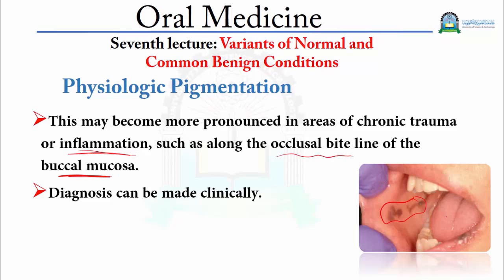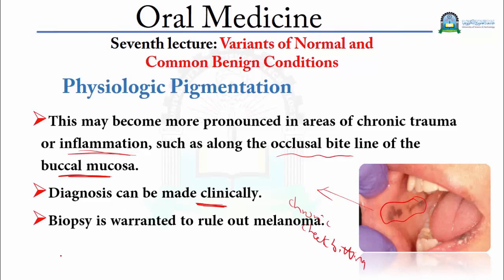After resolution of the problem, this will be apparent as a physiological melanin pigmentation due to chronic cheek biting in the buccal mucosa. After we remove the cause of the chronic cheek biting, the lesion persists as a physiological melanin pigmentation. So the diagnosis can be made clinically according to the history and the clinical presentation.